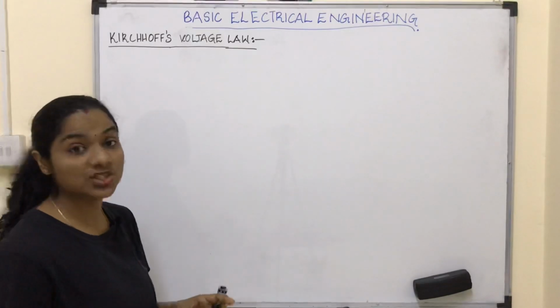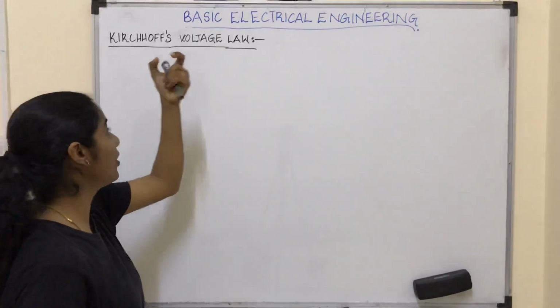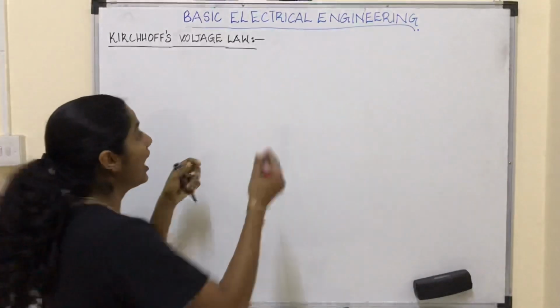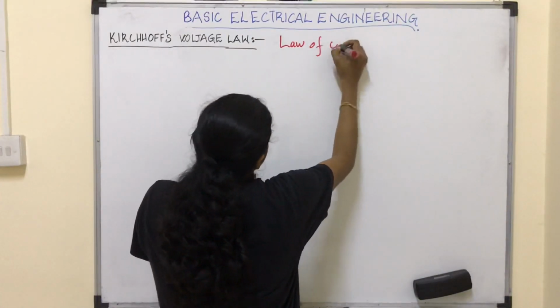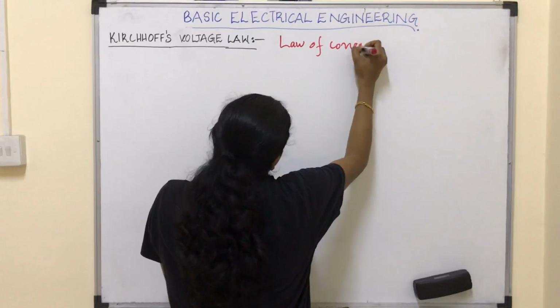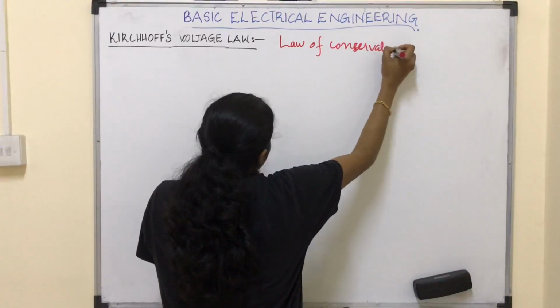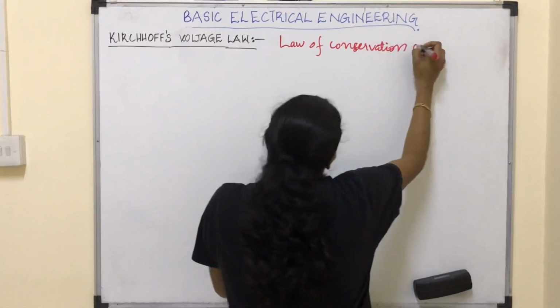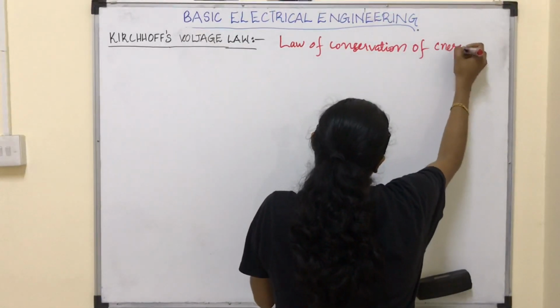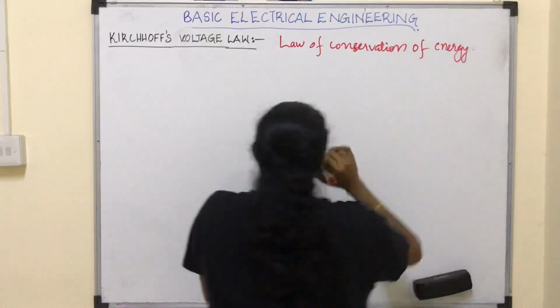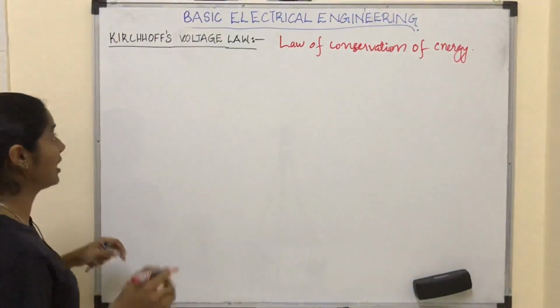Kirchhoff's voltage law is the second law of Kirchhoff, which is based on the law of conservation of energy. KCL is a law of conservation of charge, and KVL is based on the law of conservation of energy.